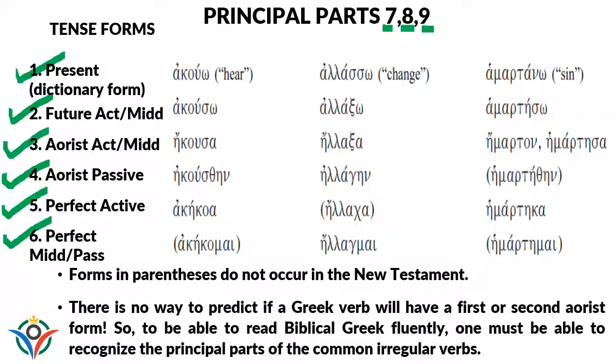So let's begin with akouo, which means hear. So we have akouo, akousomai, ekousa, ekouisthen, akekoa, and akekousmai. Remember that forms in parentheses do not occur in the New Testament.